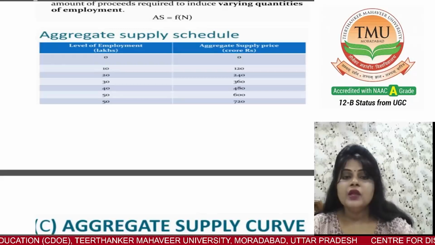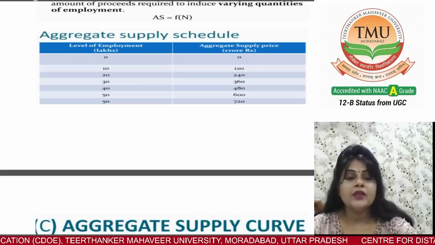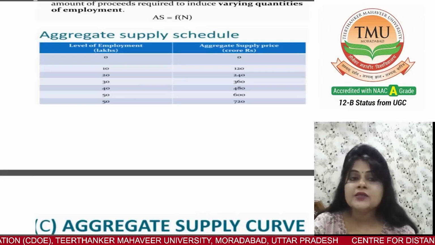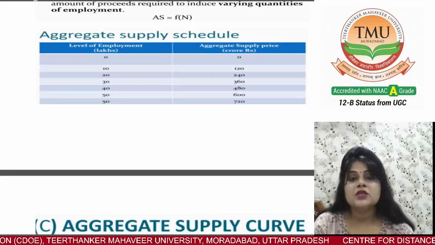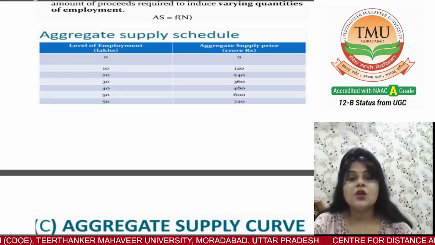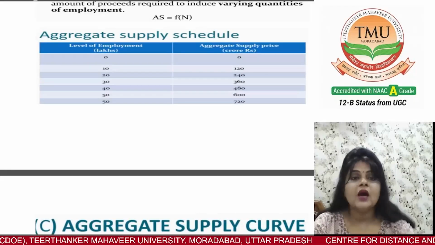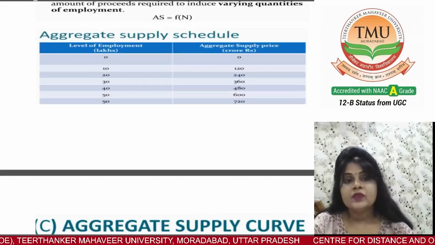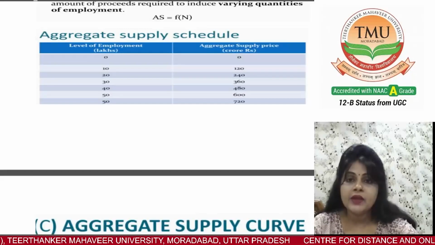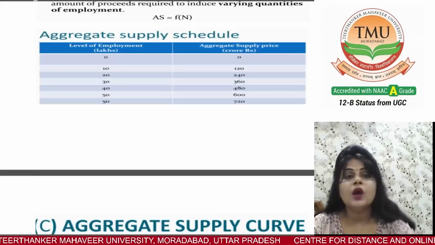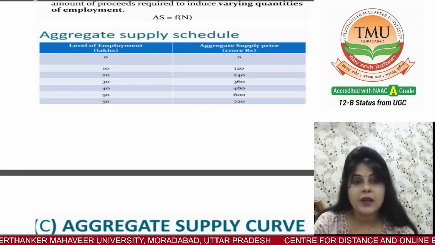And if it is to be just worth employing them, in brief, the aggregate supply price refers to the proceeds necessary from the sale of output at a particular level of employment. Thus, each level of employment in the economy is related to a particular aggregate supply price.